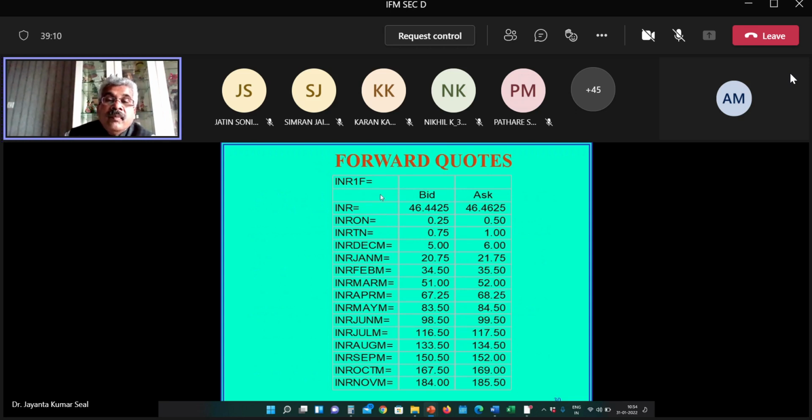This is basically 1 month forward, this is the spot rate, and these are the swap quotes. These swap quotes are added to the last 2 points or digits, say 46.4425 plus 0.2, and 0.25 will be added to this 25, 0.50 will be added to this.